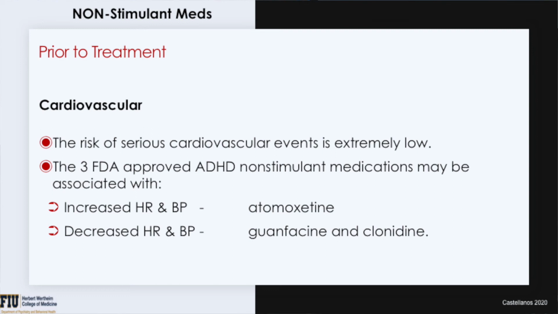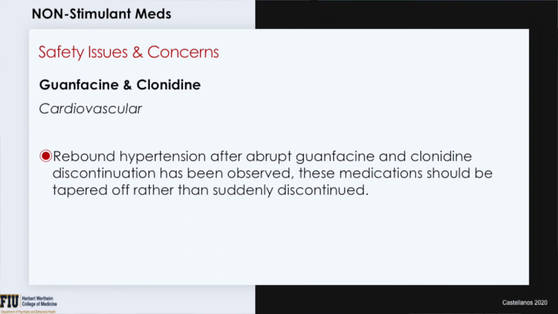And atomoxetine maybe at times can have the effect the other way. But in either case, those tend to be relatively low frequency side effects. We know specifically with higher doses, especially of guanfacine and clonidine, abrupt discontinuation at times can lead to rebound hypertension. So one has to be careful how a child is tapered off, right?